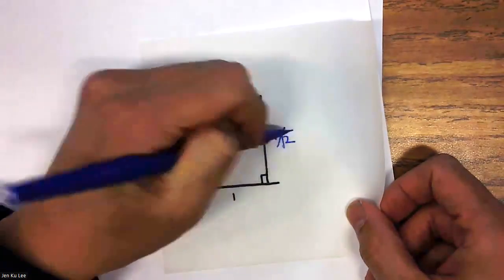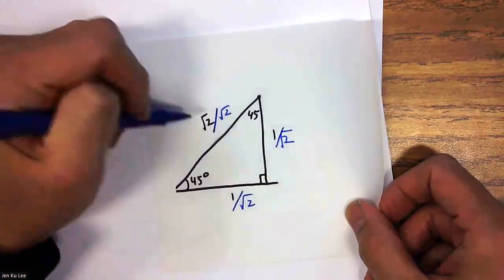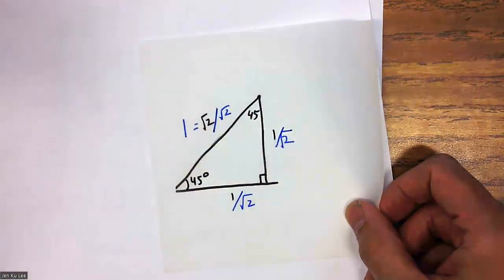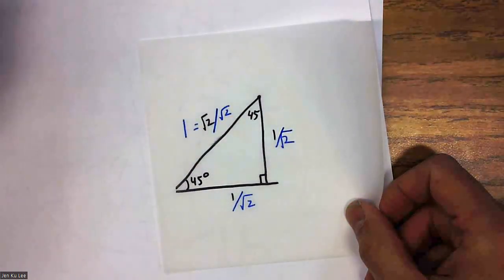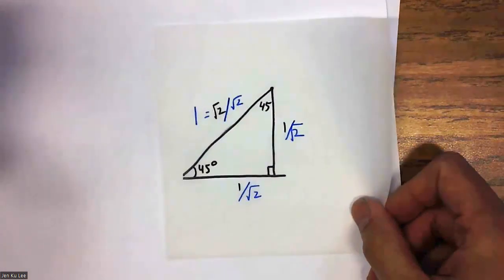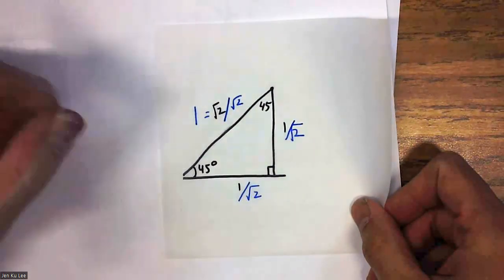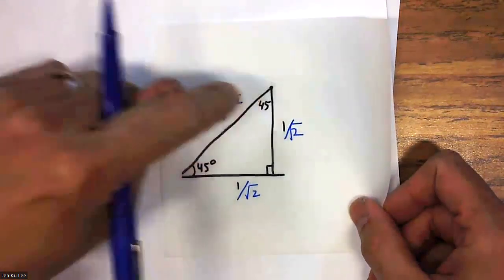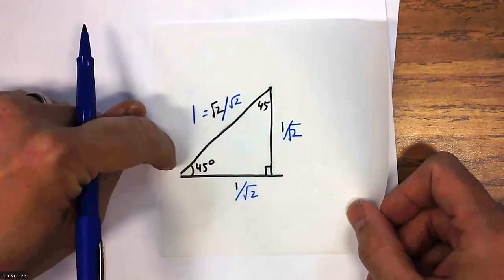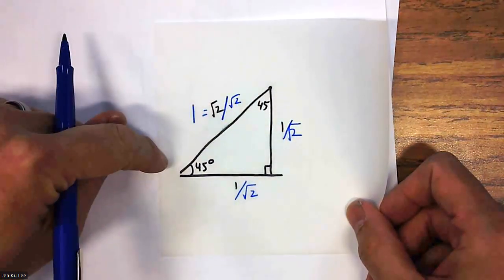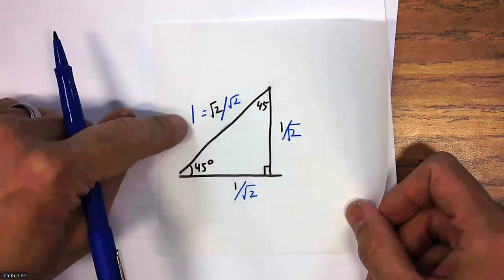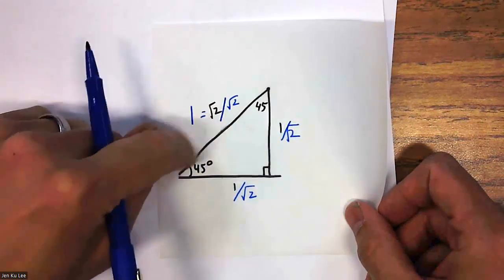Divide by square root of 2, divide by square root of 2. So square root of 2 over square root of 2 equals 1. Yeah? So now I have a radius, or hypotenuse, of 1.